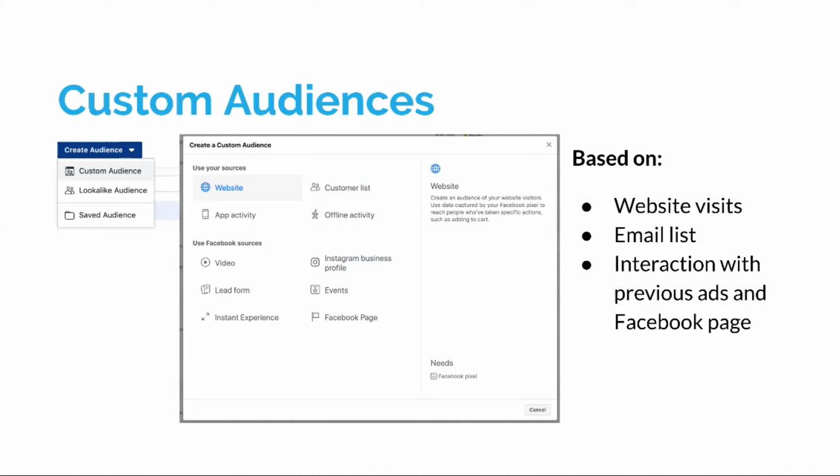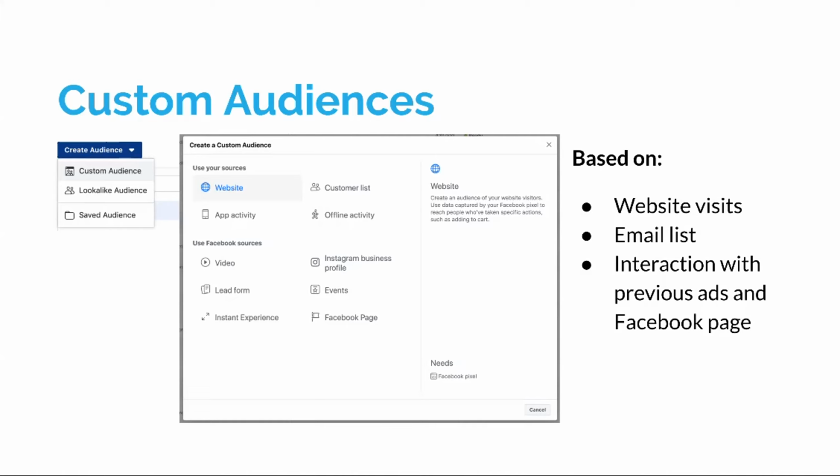If someone's got even further and got to a thank you page, they've actually bought products, you could then exclude them from an ad campaign so they don't get sold the same product again. Or you could put them in a list to advertise a related product or something like that. So that one's incredibly useful, these custom audiences based on previous activity on your website.